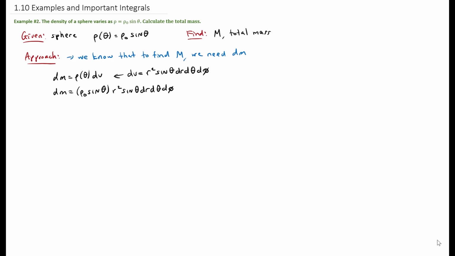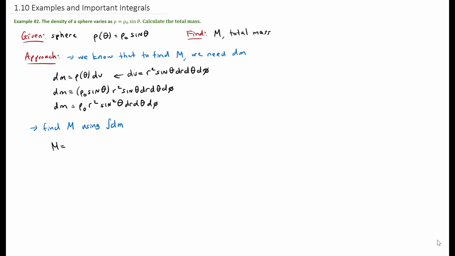Okay, so I guess we can simplify this a little bit more. We have rho naught r squared sine squared theta dr d theta d phi. Next, we should integrate to find the total mass using the integral of dm.